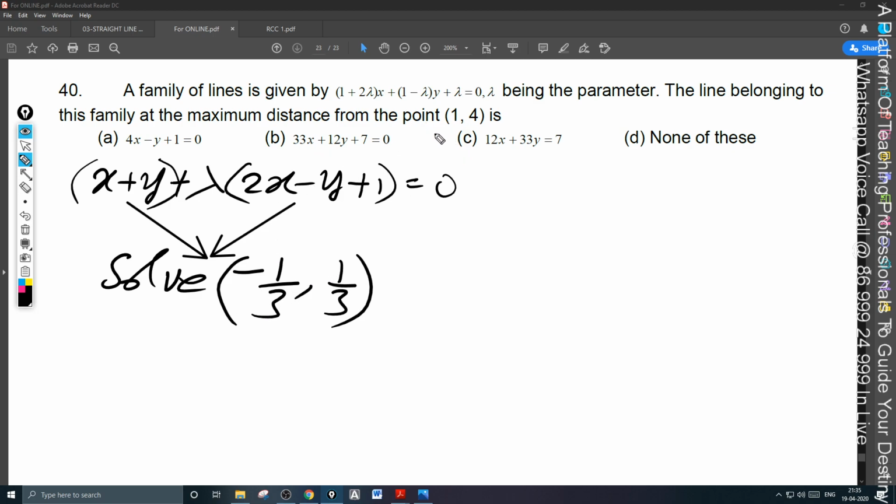Now, what is he asking? This is a conceptual question, and the idea is to be taken carefully.